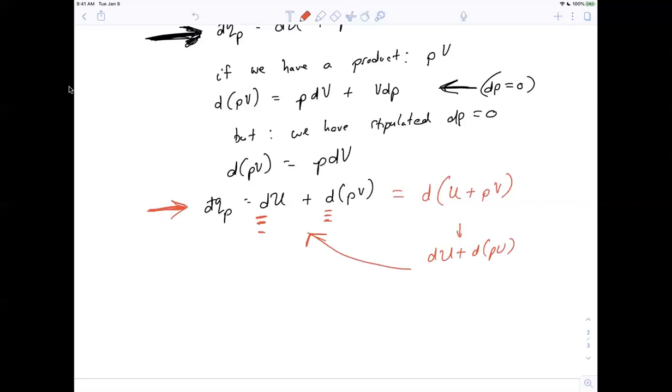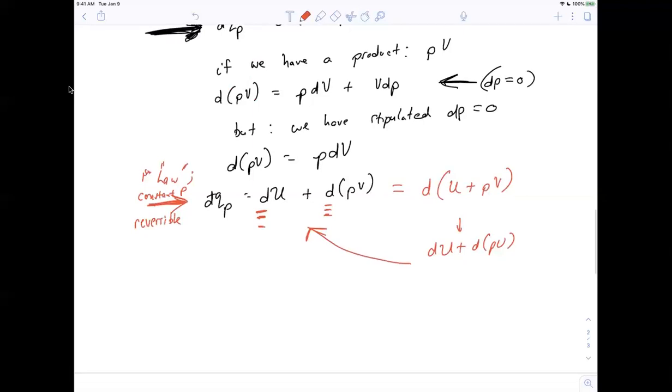Now this is stemming from the first law. Again, I just remind you, this stems from the first law and the fact that we have constant pressure. Those are the two things, and of course it's reversible. So all of these three things lead to this expression. And then finally, the properties of derivatives allow you to write the last part, in red, this total differential of U plus PV.